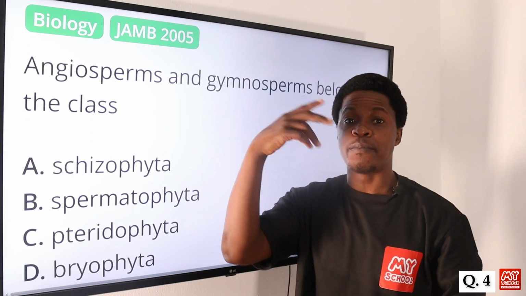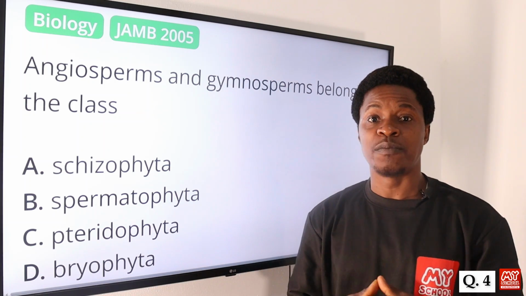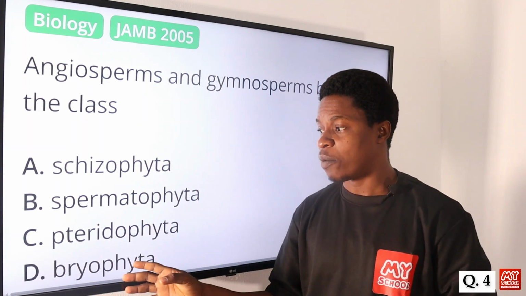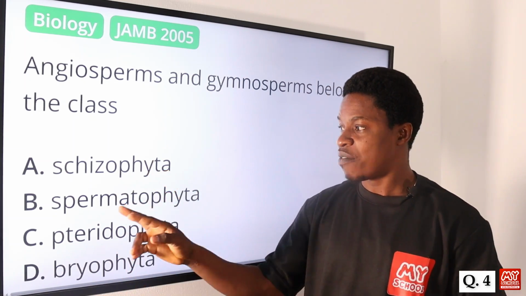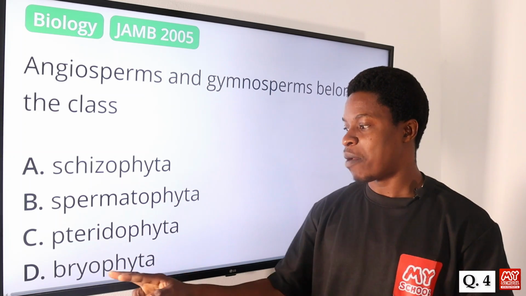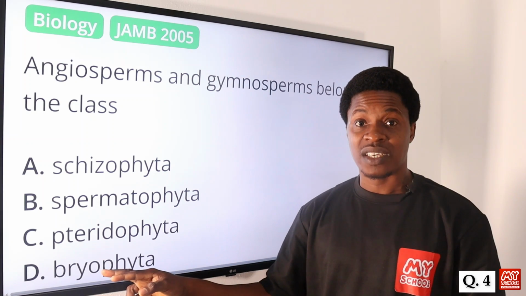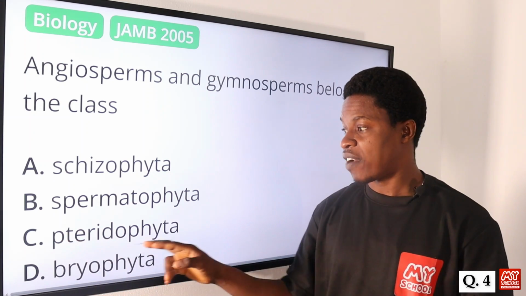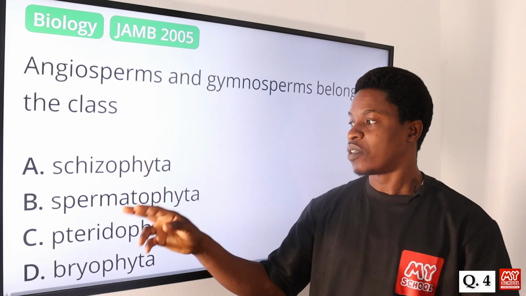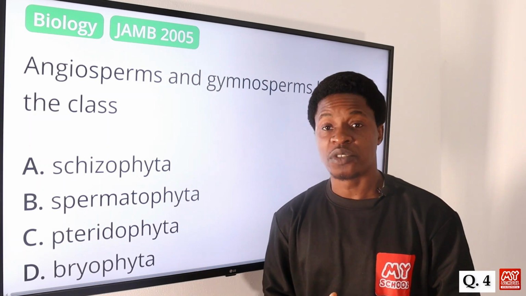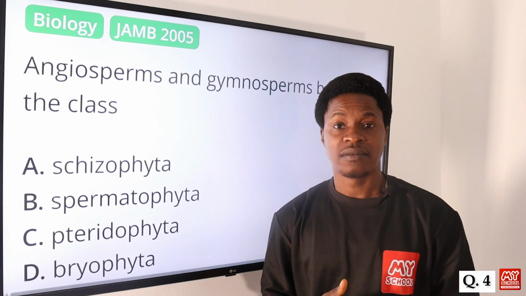So both of them make up the class we call seed-bearing plants, also known as spermatophyta. Among the options, we have schizophyta, spermatophyta, pteridophyta and bryophyta. Bryophyta covers mosses and liverworts, pteridophyta the ferns, and so on. So the correct answer is option B, spermatophyta.